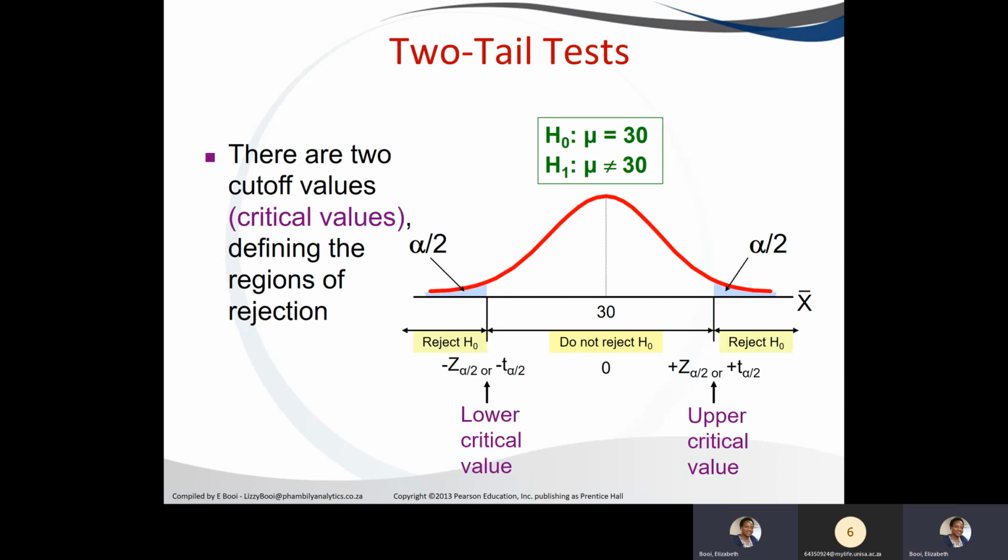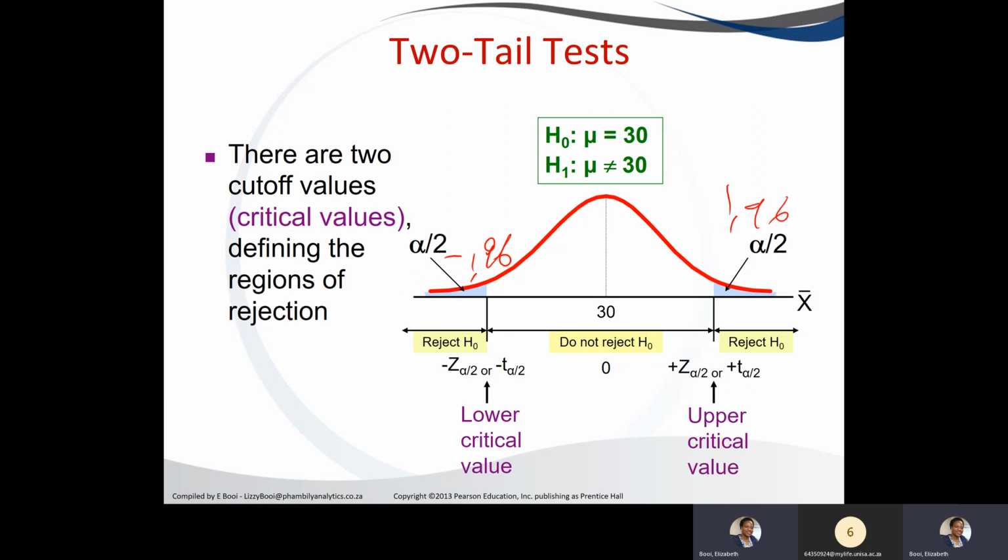If I'm doing a two-tail test, it means in my alternative, it will say not equal. Therefore, I have 2 regions of rejection, which are defined by the critical value. So if my critical value is 1.96, the graph will have negative 1.96 and positive 1.96 because it's a two-tail test.